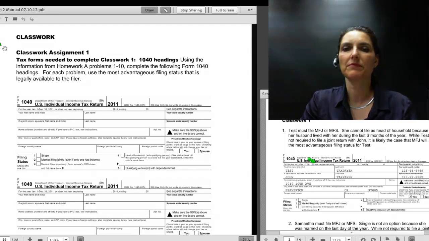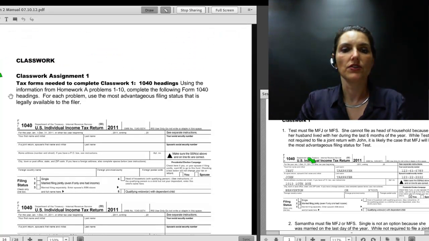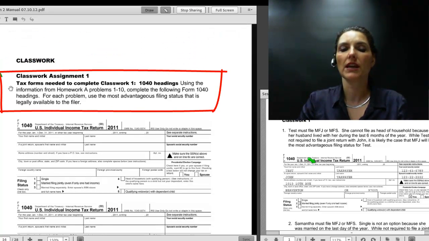It is now time to complete the Session 2 classwork assignment. There are 2 classwork assignments for Session 2, and we are first going to work on classwork assignment number 1, which is found on page 16 or beginning on 16 of your student manual for Session 2. Using the information from Homework A problems 1 through 10, complete the following Form 1040 headings.